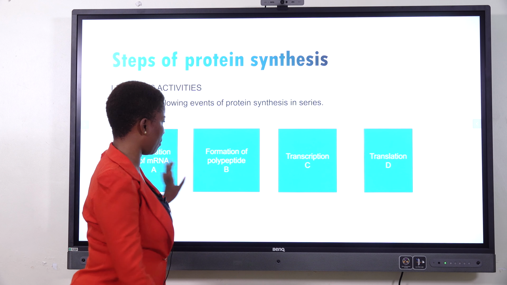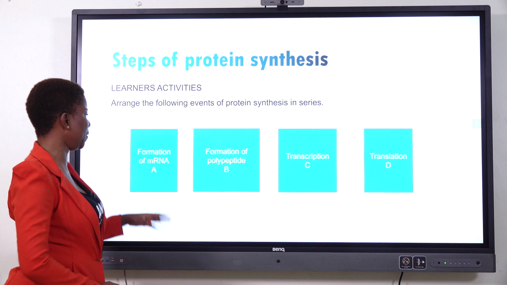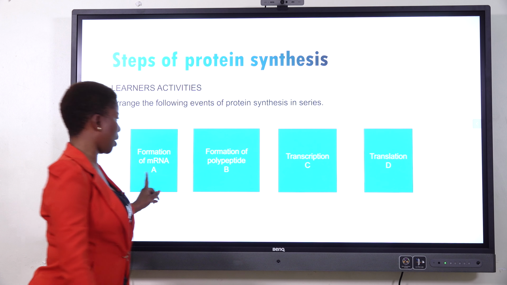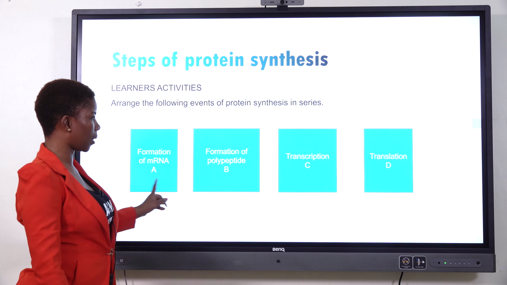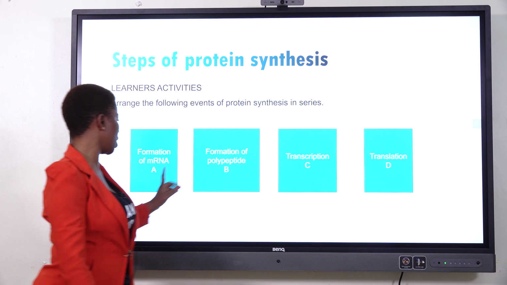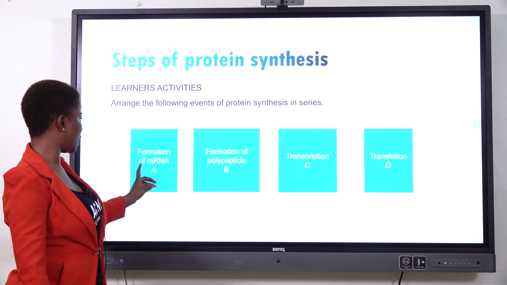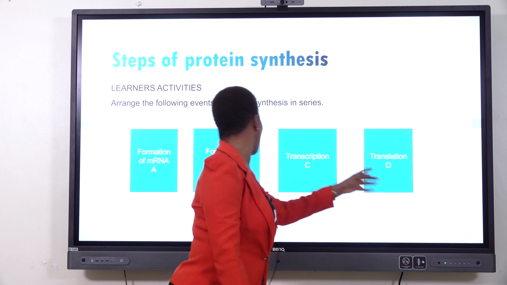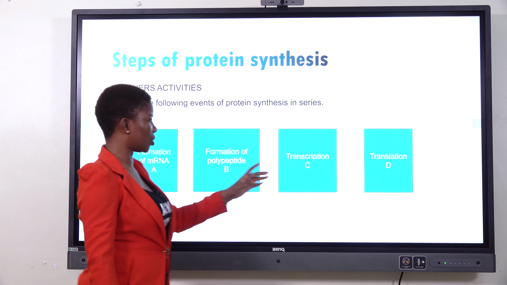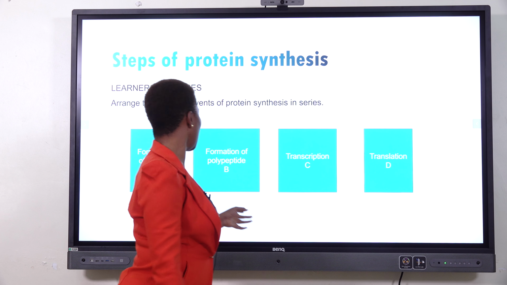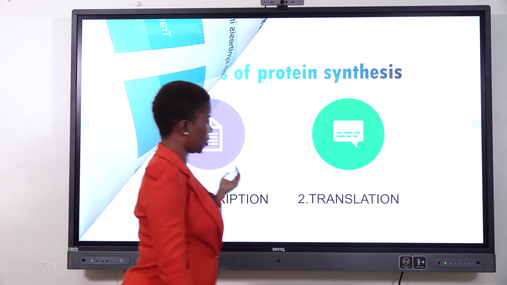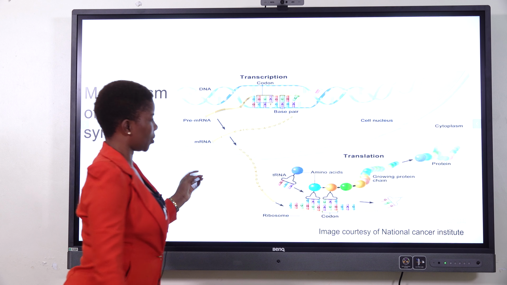Therefore, process number 1 is transcription, so C will be A, and under transcription there is formation of messenger RNA, so A will be B. Under translation will be formation of polypeptide. So D will be C and B will be D. So this is the process of protein synthesis.